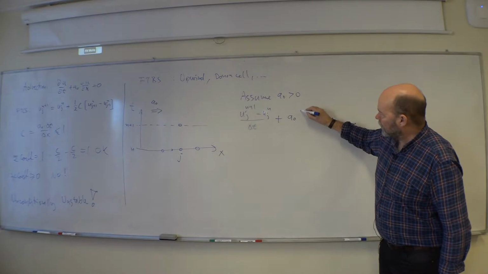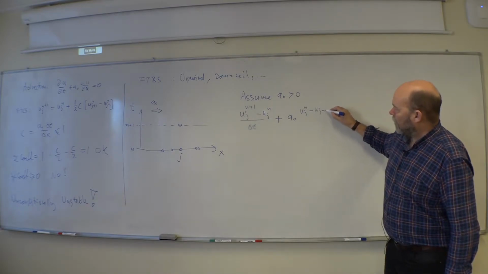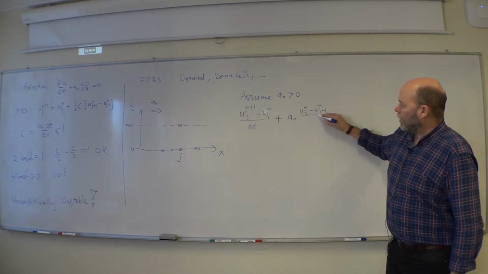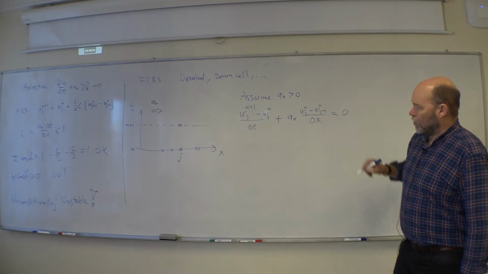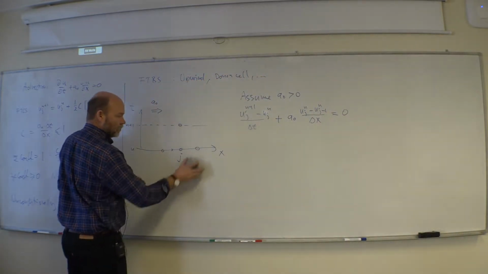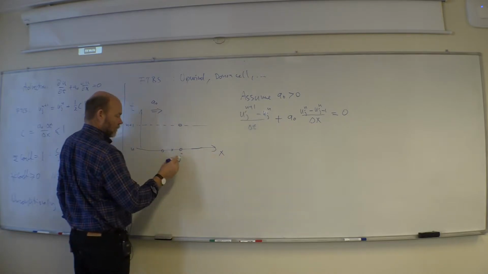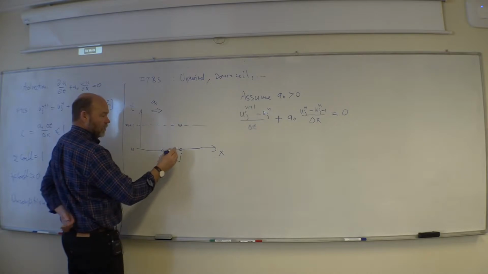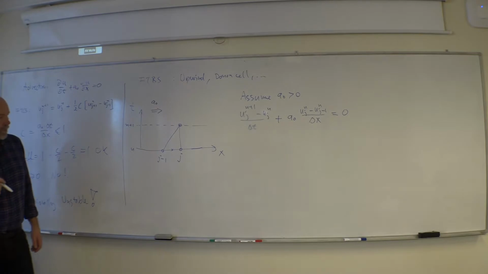This will now read u_j^n minus u_(j-1)^n divided by a single delta x, equals 0. So I don't use the j+1 point anymore. I use j and j-1. This is now my discretization stencil, only these three points.